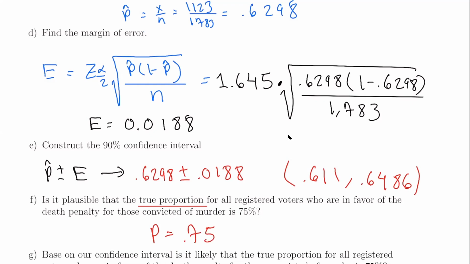And in this case, we're going to say yes, it is plausible. Because just remember, for this one, anything could occur. Part F is not referring to what we got from our confidence interval, so we don't want to use our confidence interval to make the decision. For part F, we just say, since 75% is an option, it is plausible that 75% of registered voters are in favor of the death penalty for convicted murder.